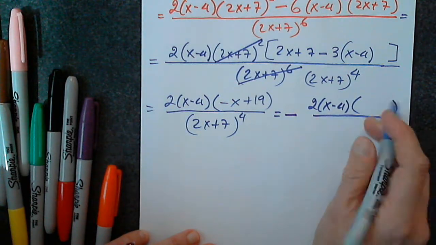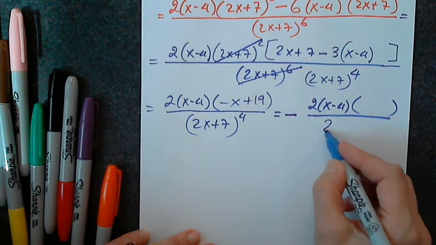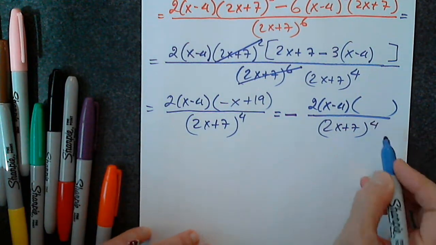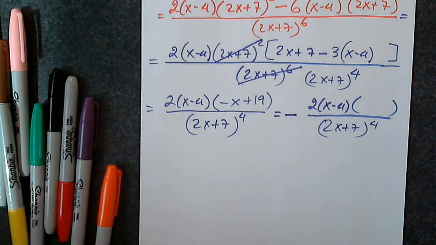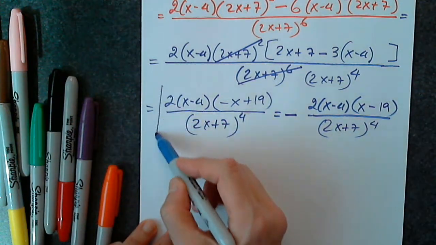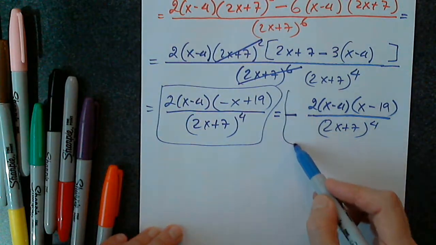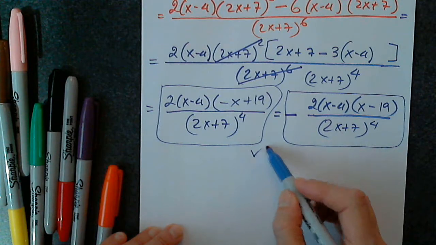And now please tell me what I would have to write as the last factor at the top if I took out a negative 1. x minus. Perfect. Both are acceptable. I don't know how my colleagues presented the final answer. I prefer this, but both are acceptable.